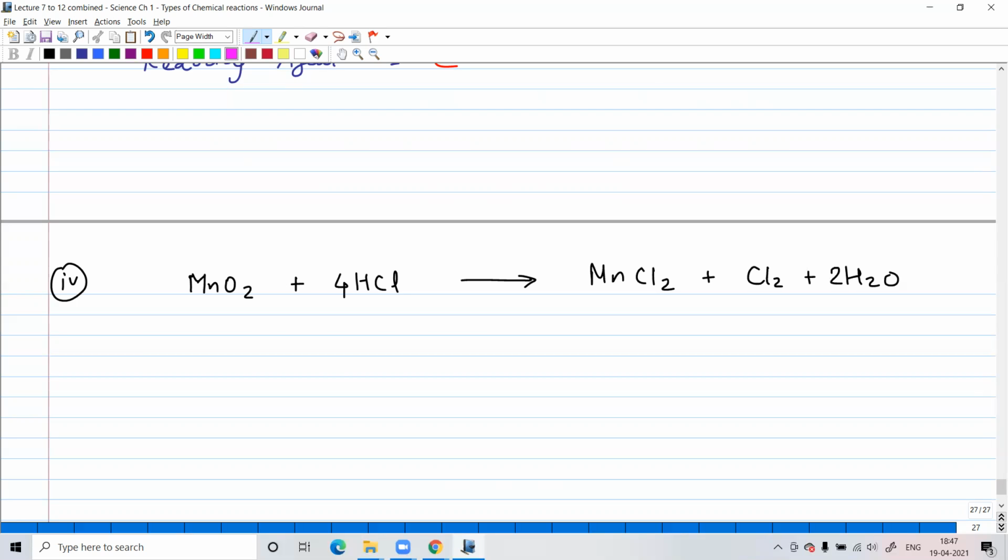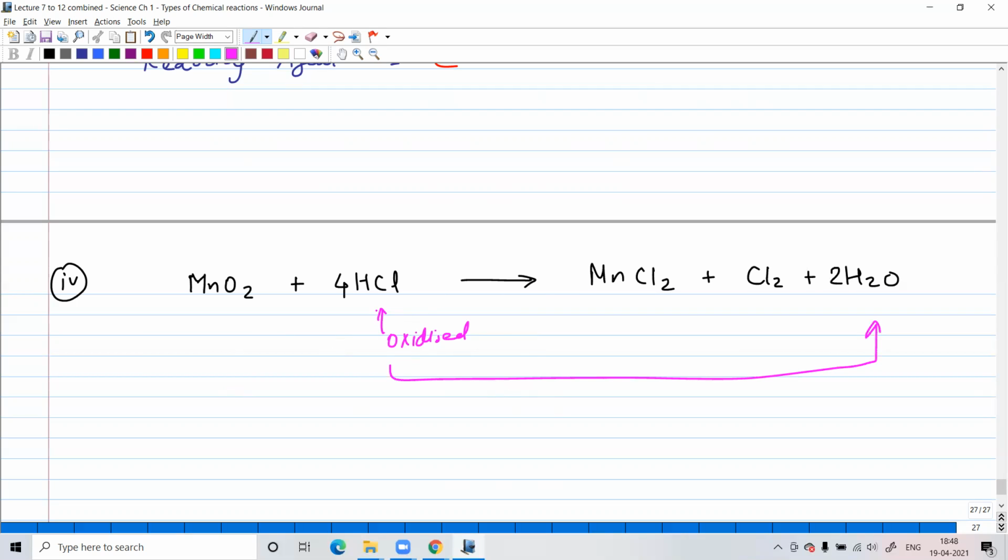Say that again. Couldn't hear you. Anyone? What is getting oxidized? What is getting reduced? Hydrochloric acid is oxidized, and this is then oxidized to water. Okay, is that correct? Everyone agrees?